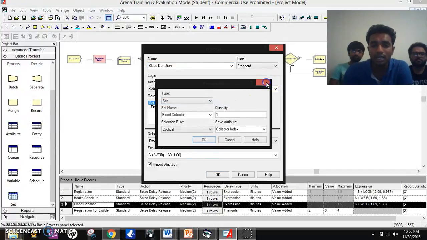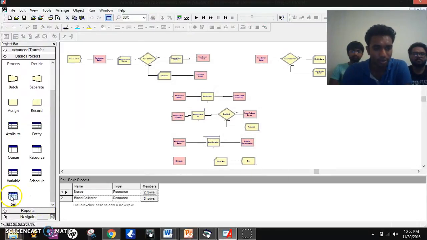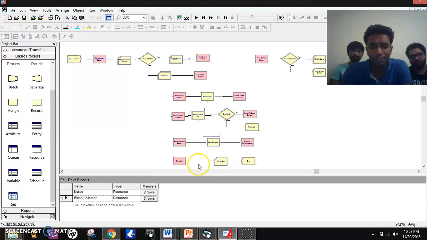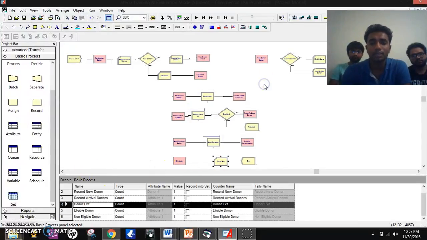In the set there are three blood collectors: Sam, Andy, and Maya. After blood collection, we also record how many donors come through our system, so we put a record module. After that, the donor leaves the system.